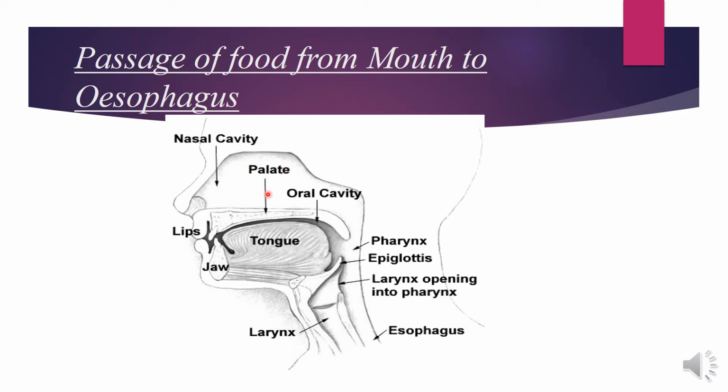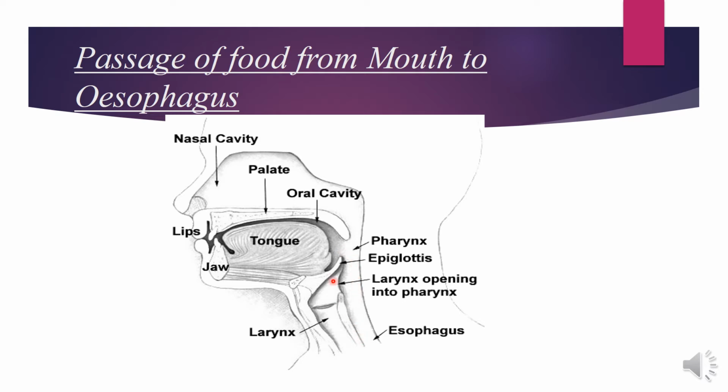Saliva mainly contains an enzyme called salivary amylase, also called ptyalin, which helps in the breakdown of complex carbohydrates into simple ones. Then this food, in the form of a bolus, gets into the esophagus.